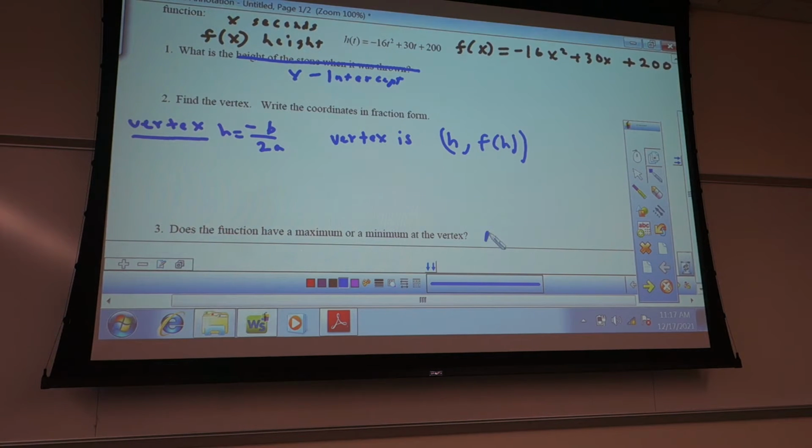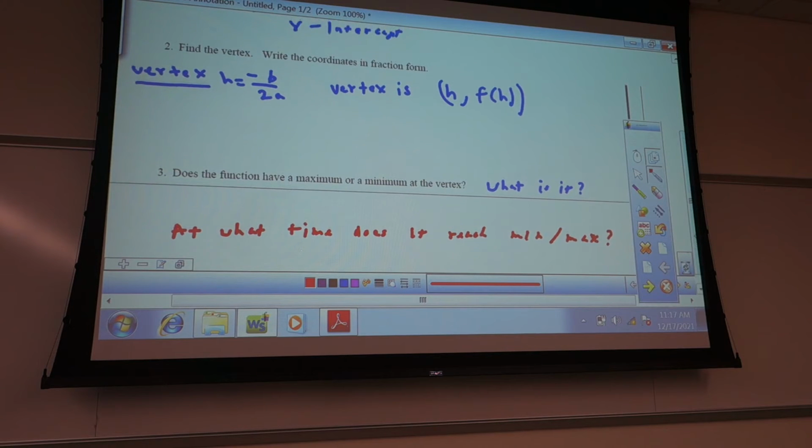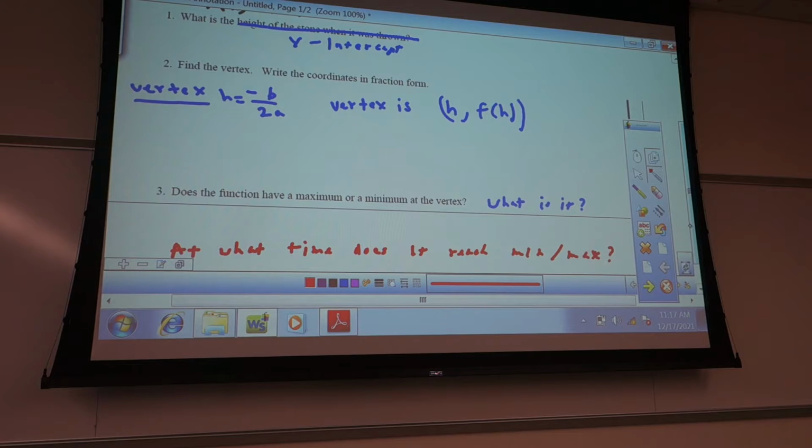And what is the min or max? And then I'll also ask you, at what time does it reach the min or max? So those are the 4 questions you need to answer.